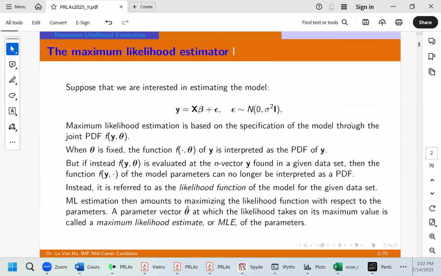That is the likelihood function. So the maximum likelihood estimation then amounts to maximizing the likelihood function with respect to the parameters. A parameter vector theta at which the likelihood takes on its maximum value is called the maximum likelihood estimate, or MLE, of the parameters. Fair enough? Definition wise, okay.